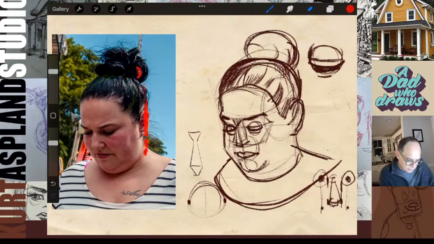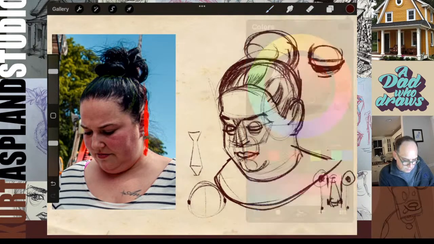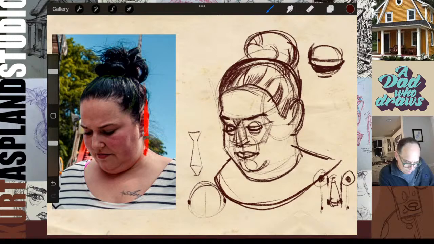That's awesome. We want to try and capture that. All right, then she's got some hair coming out here. Another piece out there. I'm thinking as I'm drawing this, not as individual hairs, but as volumes.